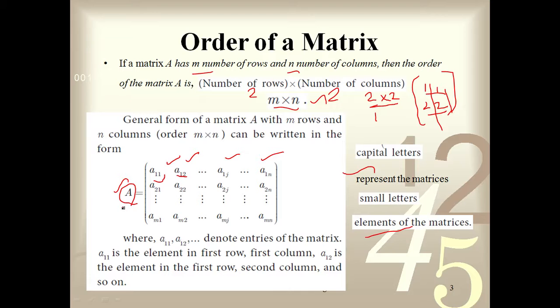Now you can see 1, 1. First row, first column. First row, second column. So the first number indicates your row and the second indicates your column. That's why it is m into n. So first row, second, and so on.